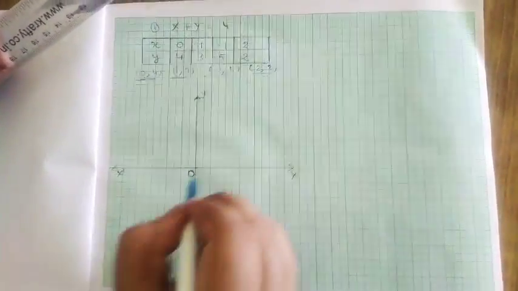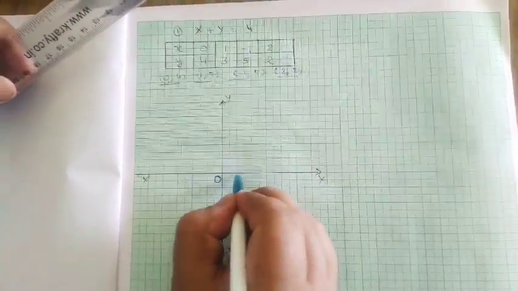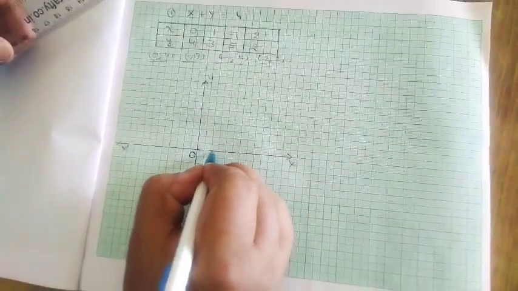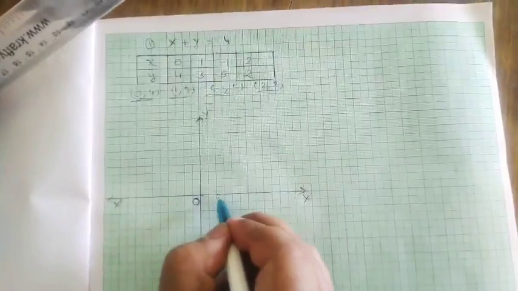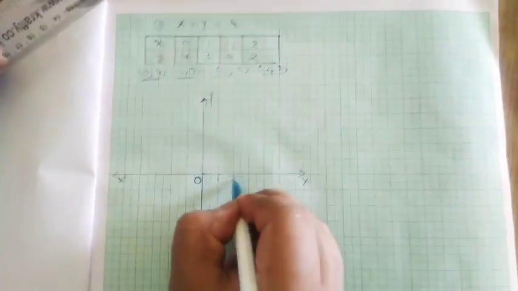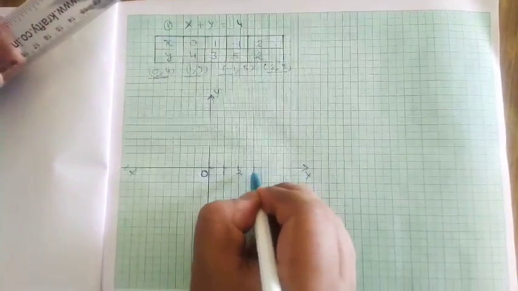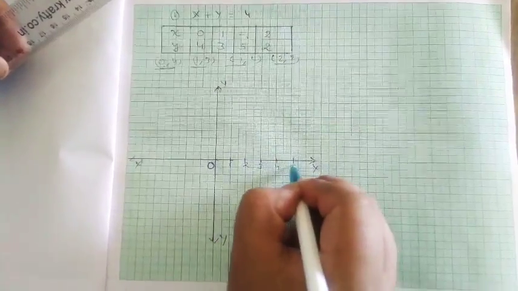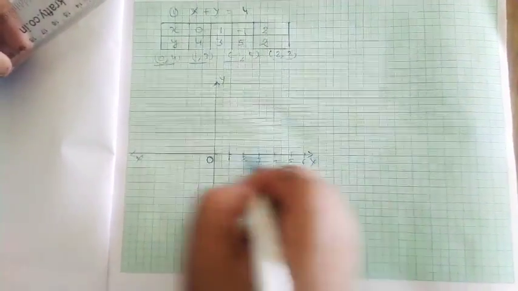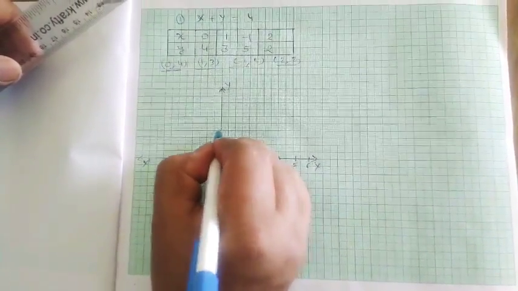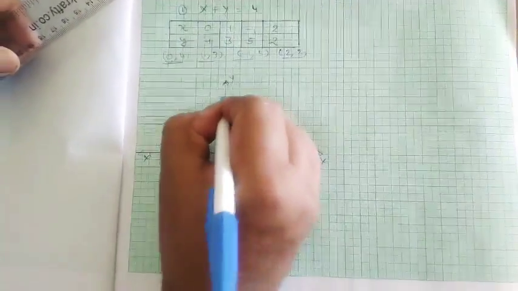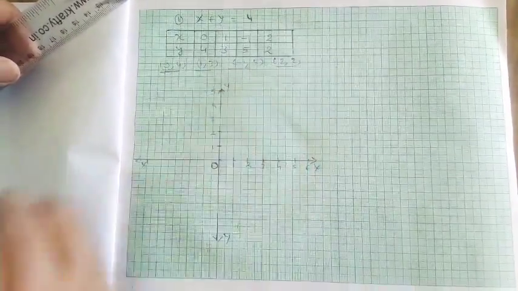Now where is 0? If we take this as 1 unit, or 1 inch or 1 centimeter, whatever you want to take, this is 1, this is 2, this is 3, this is 4, this is 5, and this is 6. On the y-axis, 1, 2, 3, 4, and 5.